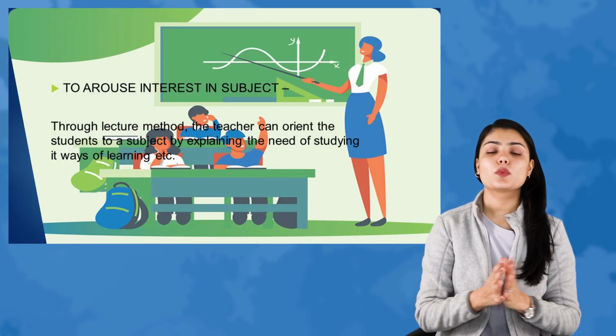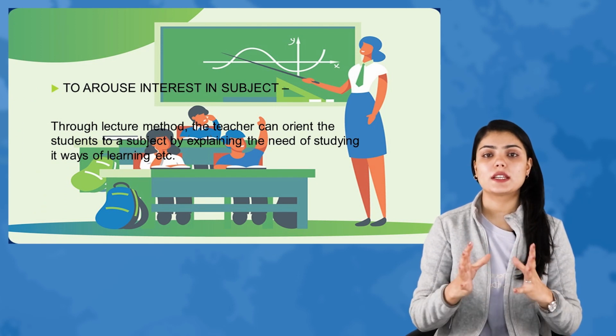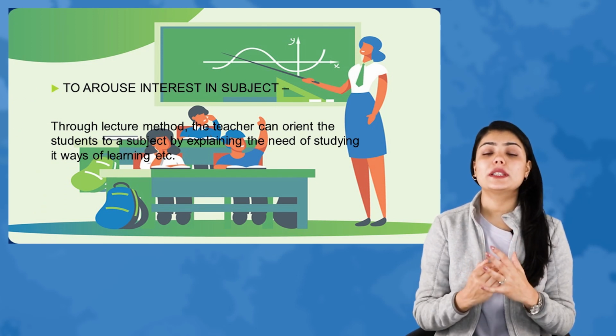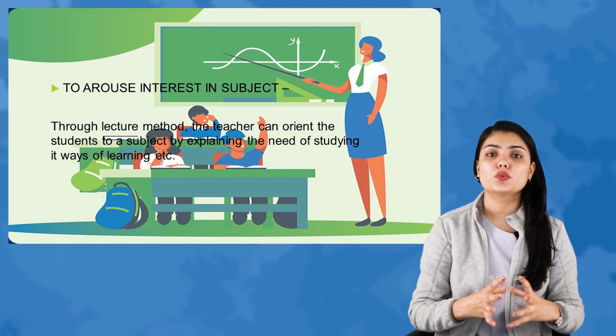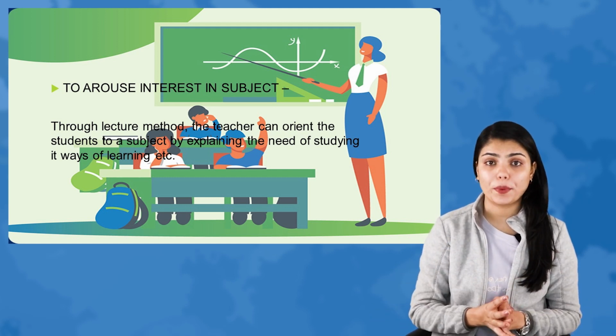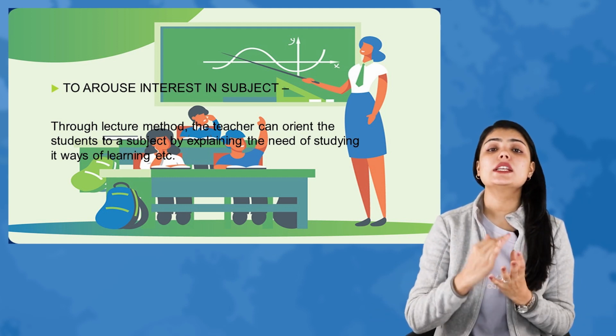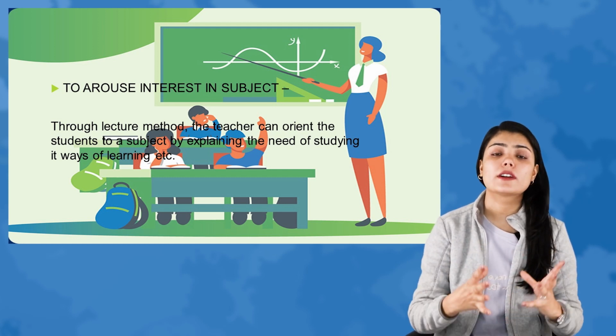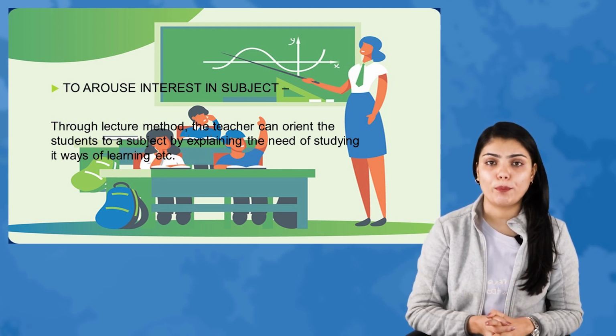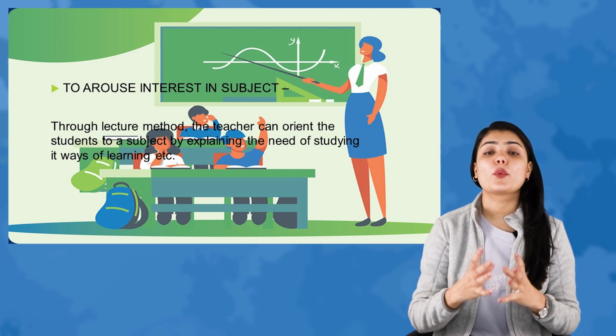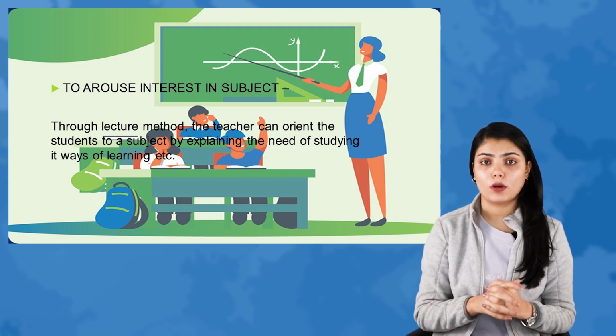All right. Next one, we have to rouse interest in the subject. Through the lecture method, the teacher can orient the students to the subject or the topic. The teacher can teach the students what the need is for studying this particular topic, or what the different ways of learning it are.